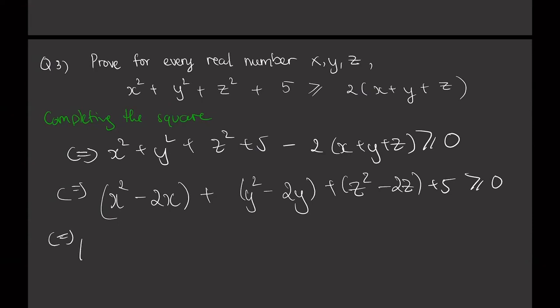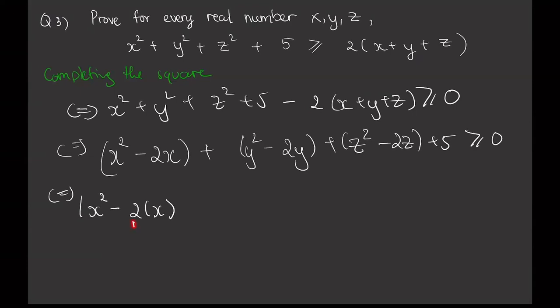And then I try completing the square. So I have x squared minus 2 times x. And I want to keep it as 2 times x because that's what we have above, so I only multiply by 1.